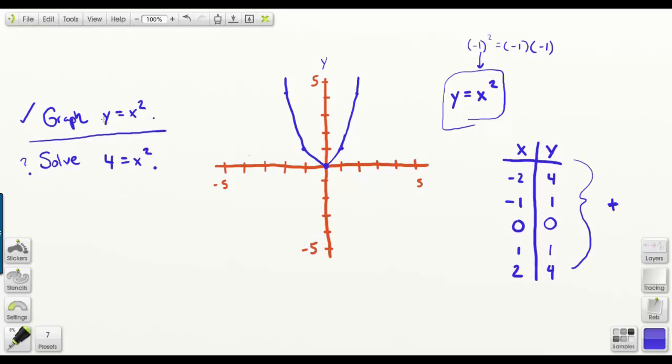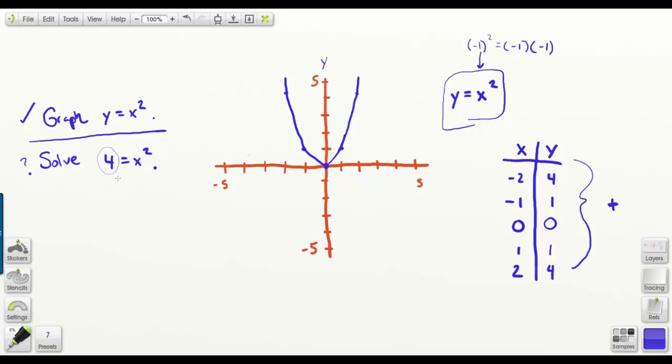In the first option, we have an x and we have a y, and we use that relationship to create a graph. In our second question, we only have an x, and in fact the y has been replaced with the number 4. So what does that mean? Mathematically, that's what we want to ask.